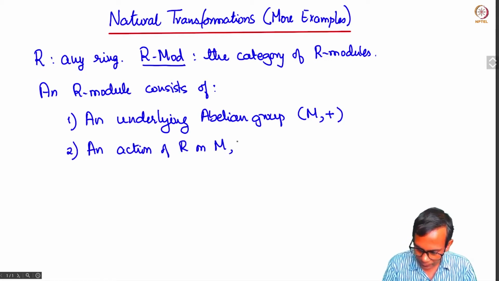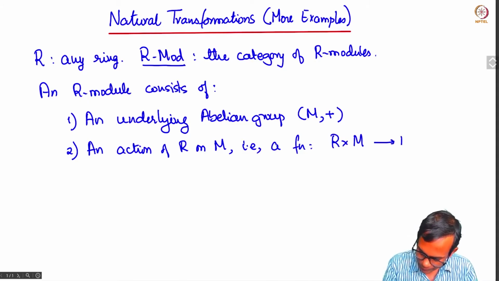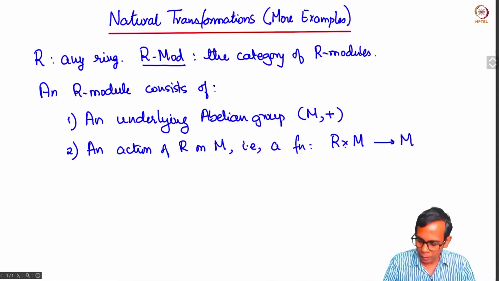and its group operation is usually denoted by addition, and secondly an action of R on M. Well, this is not a group action, it's a ring action, i.e. a function R × M to M, where this is an abelian group homomorphism.